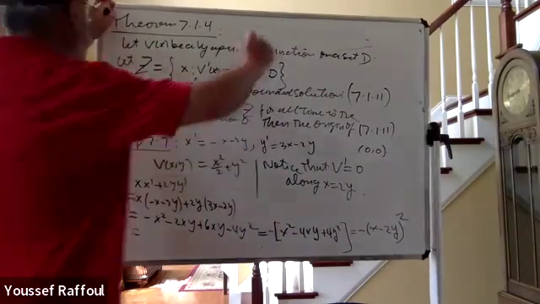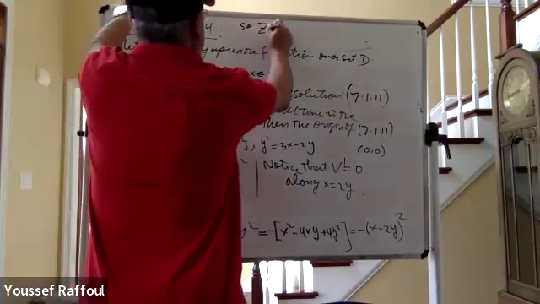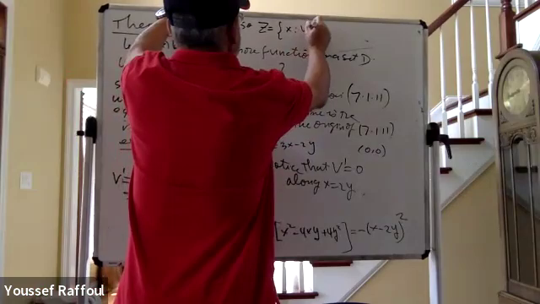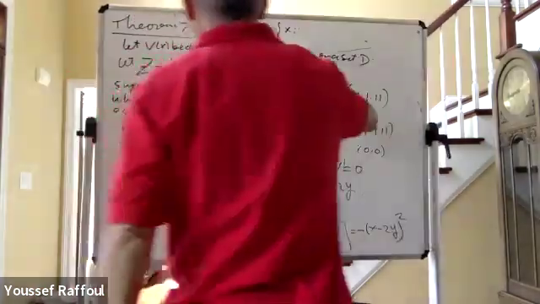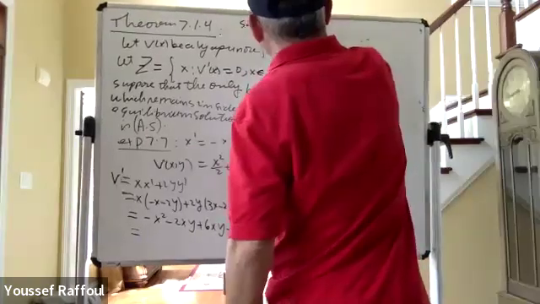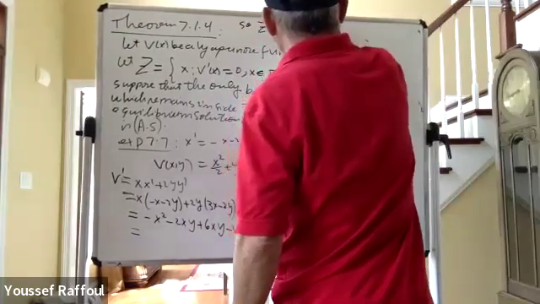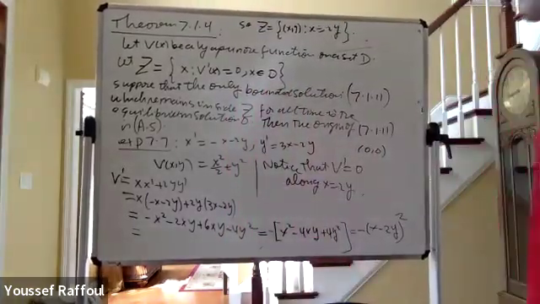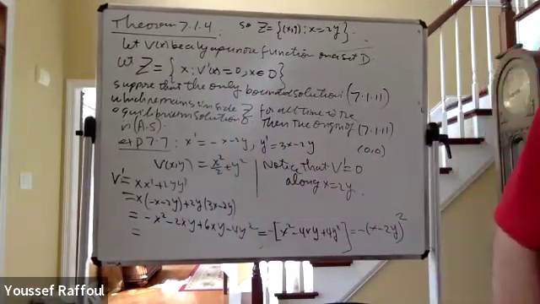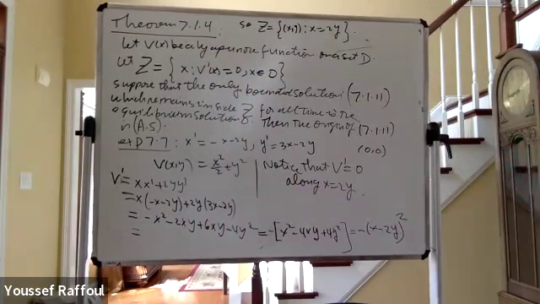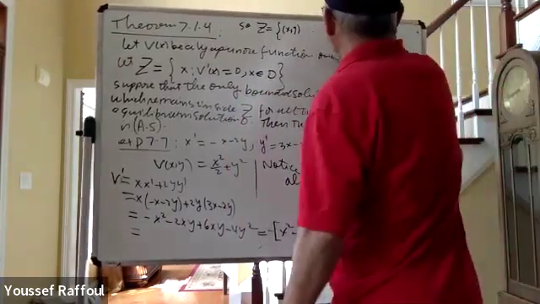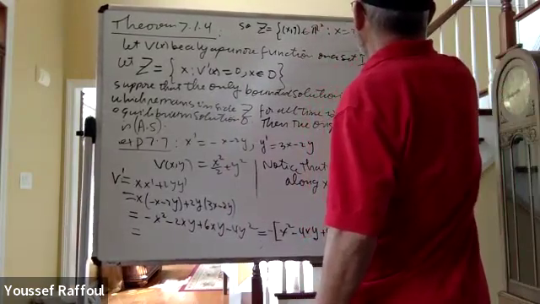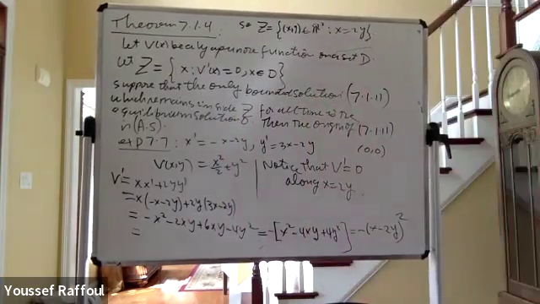So this is your set Z. Z is the set of all (x, y) such that x equal to y. I can even do better. This is in R squared such that x equal to y. So this is the set Z.